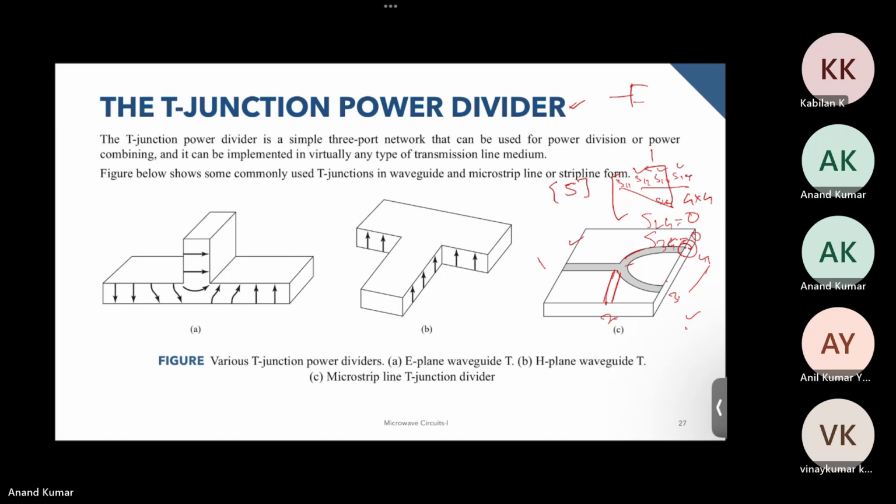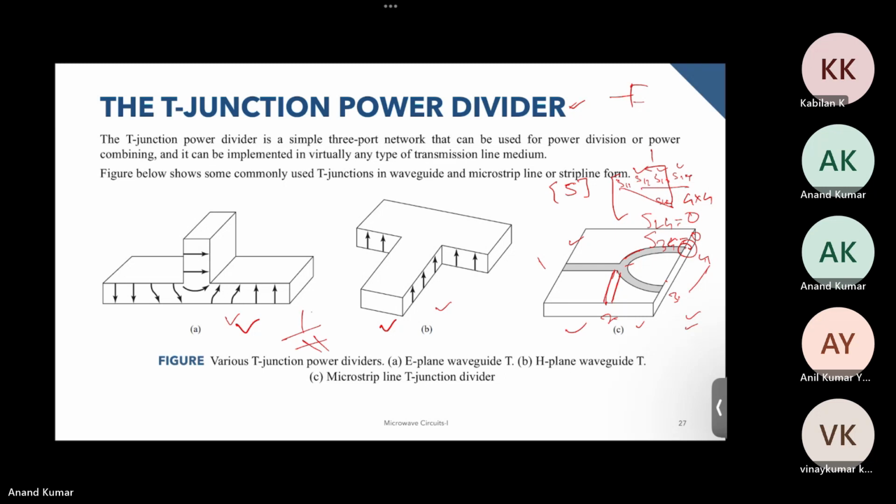So these are the famous microwave circuits that we often see in the lab. This is an E plane T, this is an H plane T, and this is a very common microstrip line where we have this power divider. There was also something in our lab called a magic T, which had these two combined.